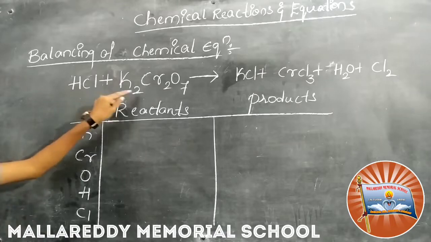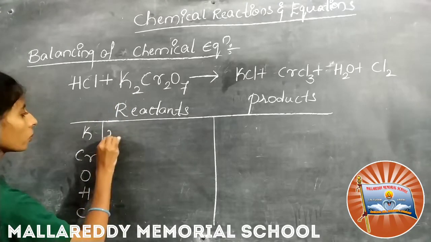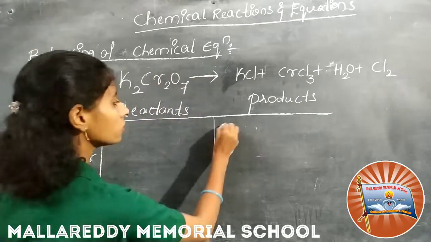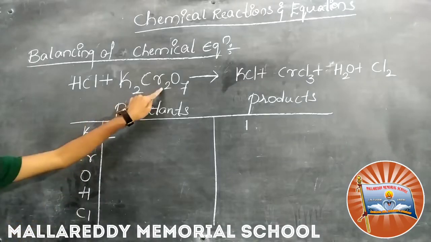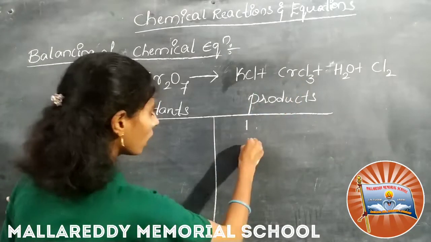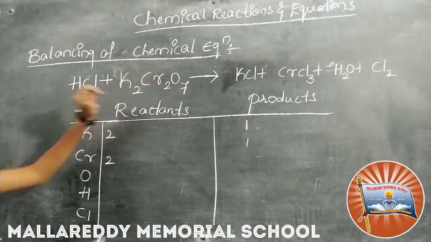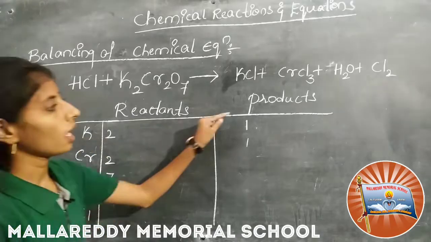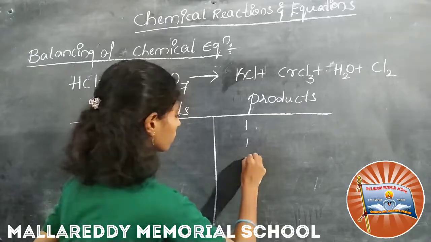Now write down here the number of K atoms on the reactants as 2. On the product side we have 1. Oxygens on the reactant side we have 7, and product side we have only 1 oxygen atom.